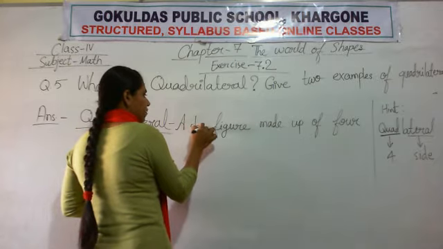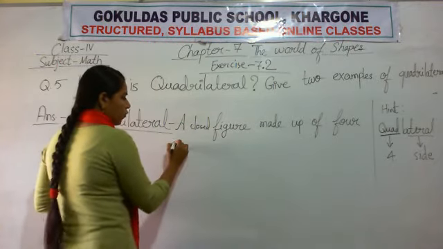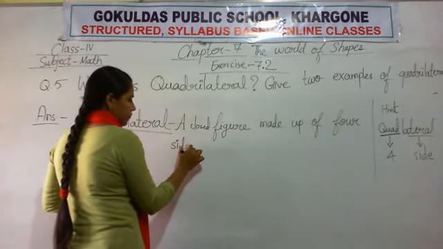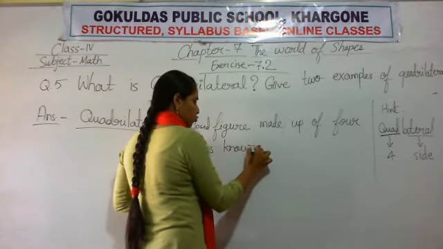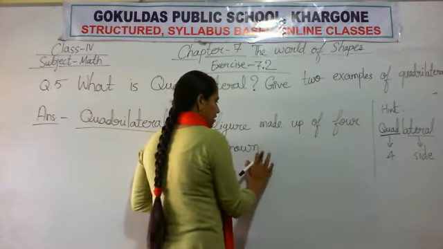A closed figure made up of four sides is known as a quadrilateral. Now what can be an example of a quadrilateral?